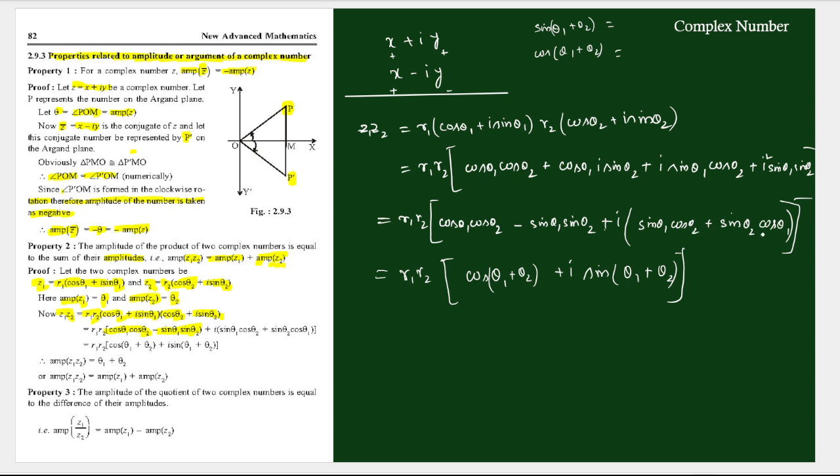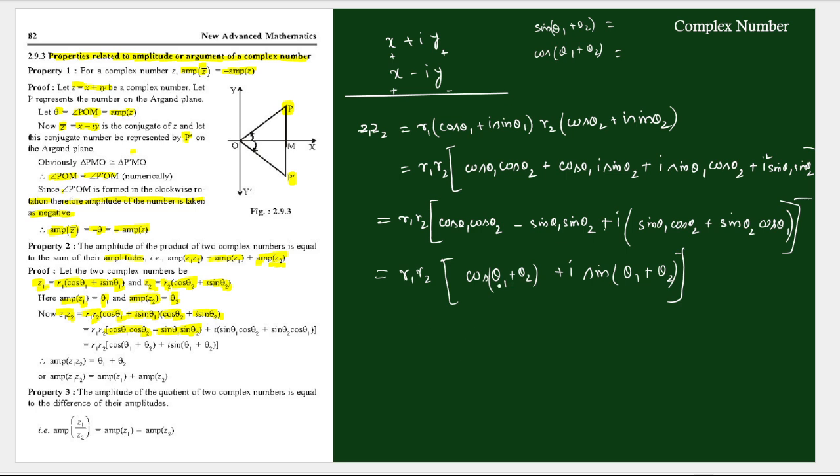The cosine one is the opposite: sin sin and cos cos stay the same, cos cos minus sin sin. Here for sine, you can remember 1 2 2 1. And this one is cos theta 1 cos theta 2 minus sin theta 1 sin theta 2.